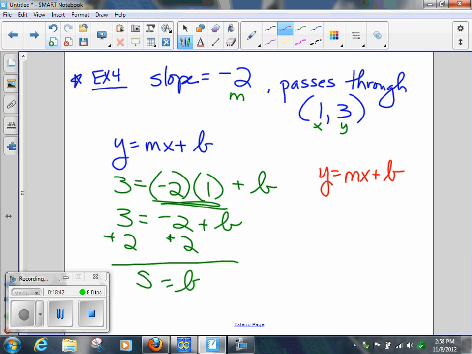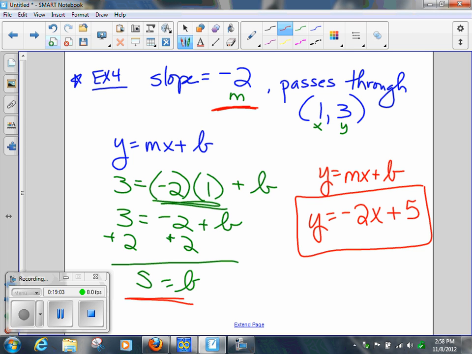I was given slope to begin with, wasn't I? And now what do I have? My b. So this is like the first 2 or 3 examples we've already done, isn't it? So y is equal to, you tell me. Negative 2x plus 5. Is that it? Yeah.